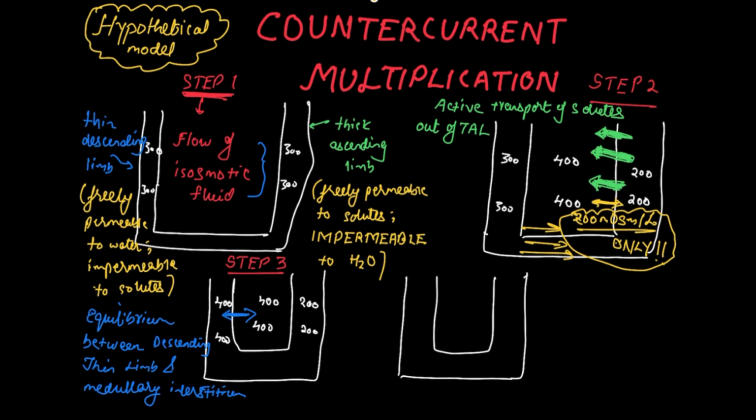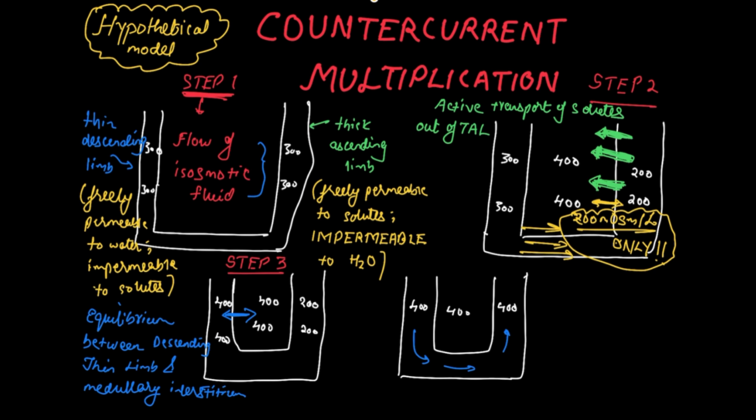So it is able to establish a concentration gradient of 200 milliosmoles per liter, but now with this countercurrent multiplication, the 400 becomes 400 everywhere. 400 milliosmoles per liter in the thin descending limb, 400 milliosmoles per liter in the thick ascending limb, and 400 milliosmoles per liter in the medullary interstitium.